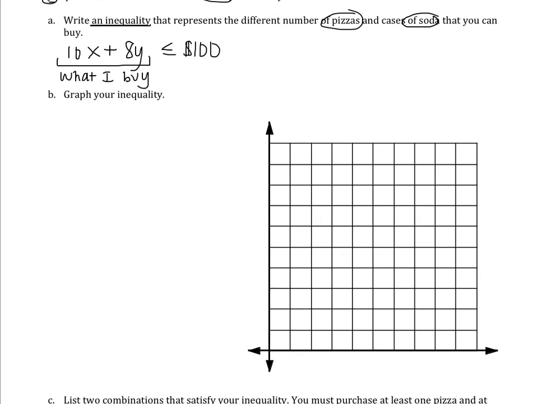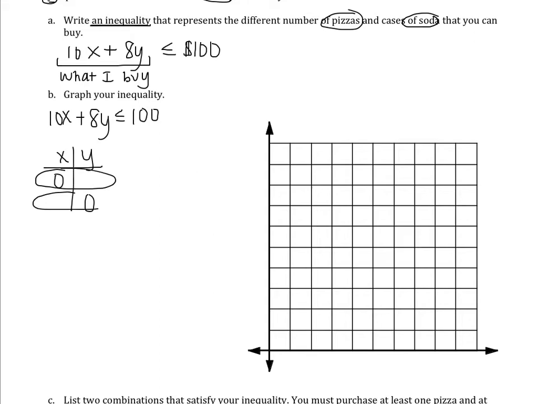Now B says graph your inequality. So I'm going to rewrite it again. I have 10x plus 8y is less than or equal to 100. Okay. Now I'm going to graph this using an XY chart. If you want to solve for y, you can do that. Remember that this is looking for 2 points. So the first one says put 0 in for x.